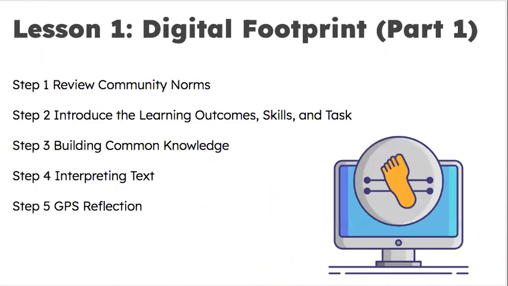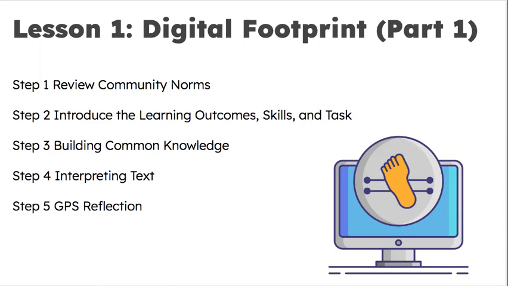First off, lesson 1 is around getting aware of our digital footprints. This is part 1 of a 2-part lesson on digital footprints. During this lesson, students will build a common knowledge around what it is and how to protect it, and students will also dig into some text to learn even deeper.